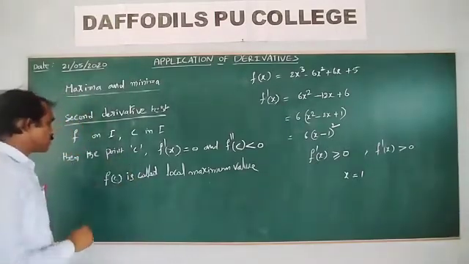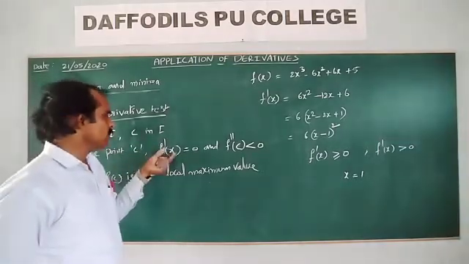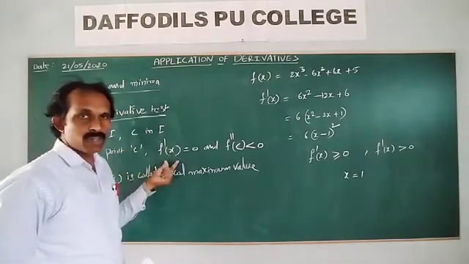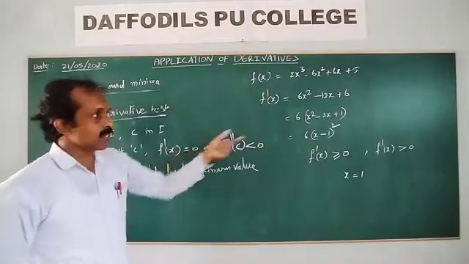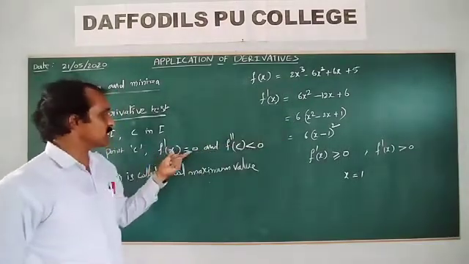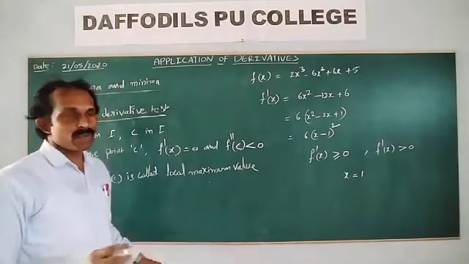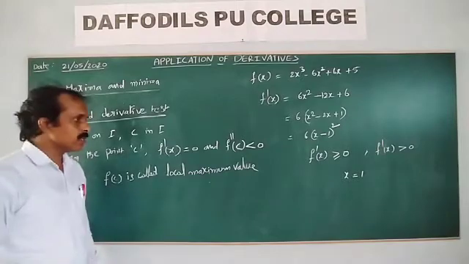What is the second derivative test? So first of all, apply the working rule. First of all, take f and take the first derivative, and equate to 0 to get critical values, f dash x equal to 0. Then we get some critical values in the given interval.